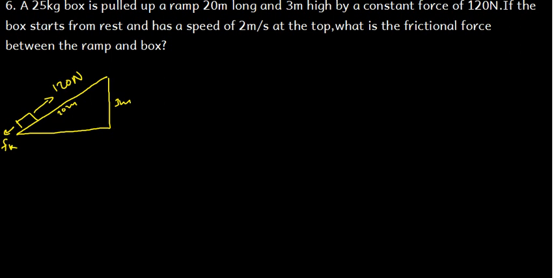So the work done, okay, so first have the work which is done, it should be equal to the work done by friction plus the work done by, really not work, but plus the kinetic energy plus the change in potential energy. So this is the work that we are doing by applying this force which is here.